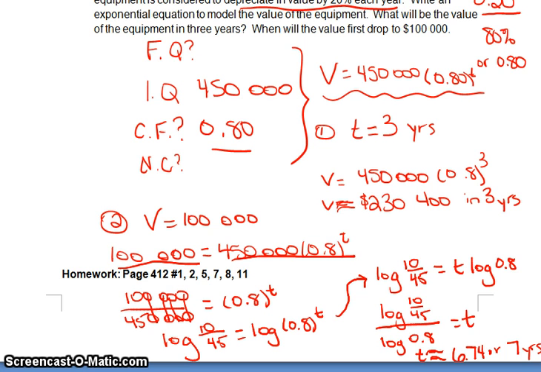Alright. And just one note here, we really should write a sentence, so I'm going to quickly erase all this, and we should be writing sentences with all of our word problems.